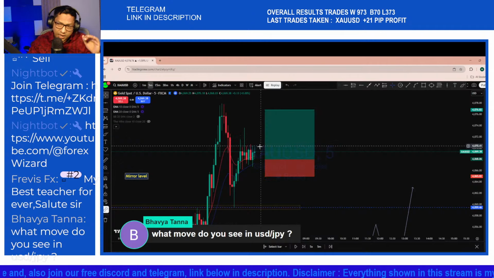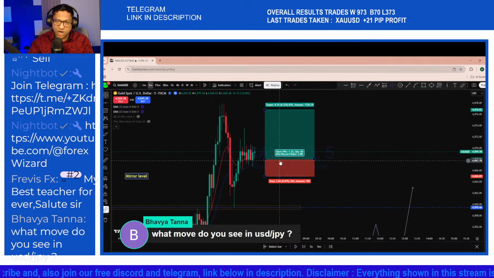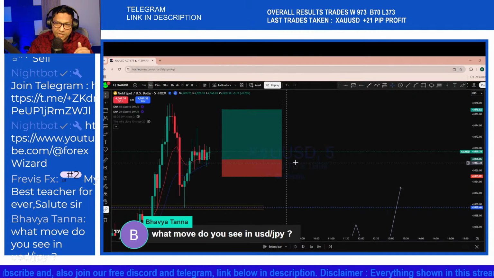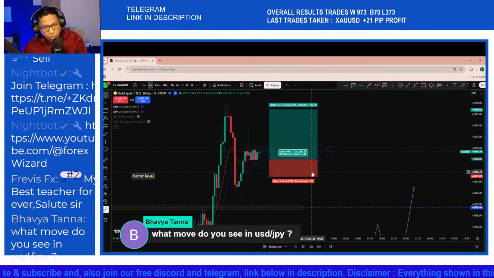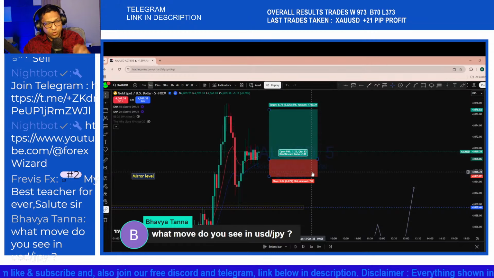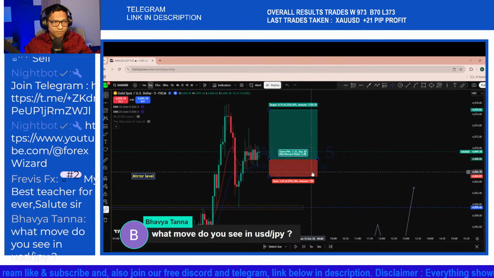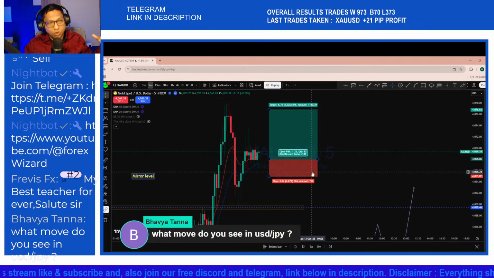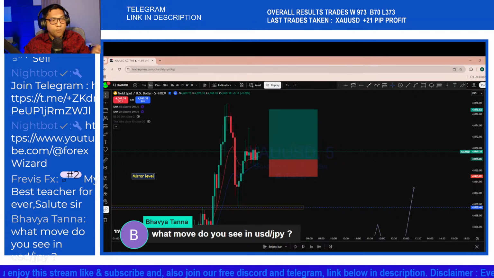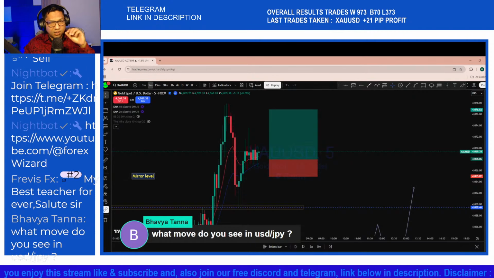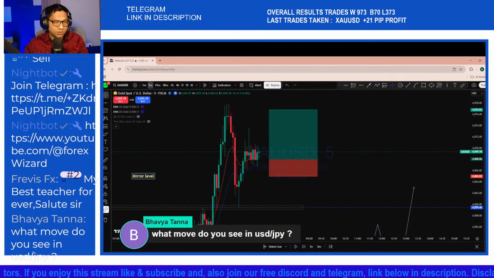Now, this is a 5-minute chart and I'm replaying that chart. What did I think? There is a saying that if you read a book, either for trading or for anything else, reading a book means that you are accessing the mind of the author.